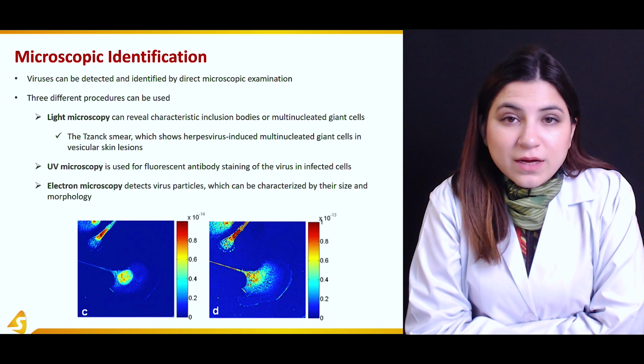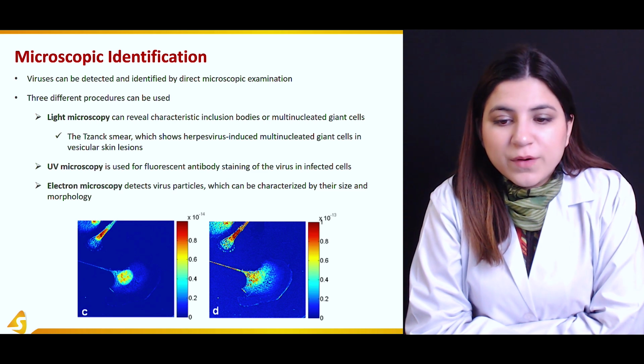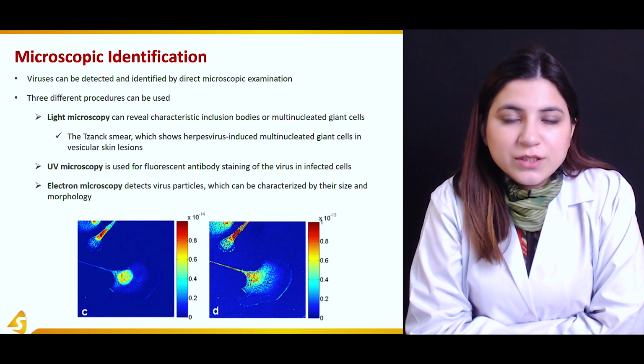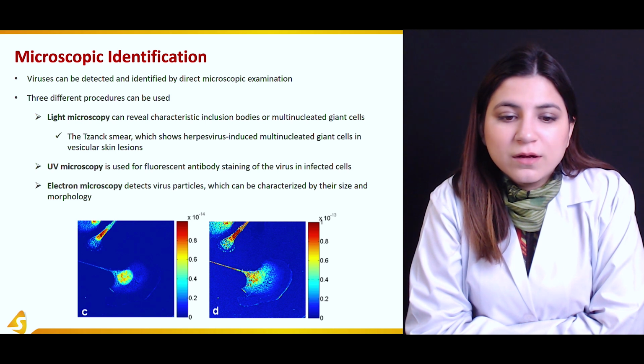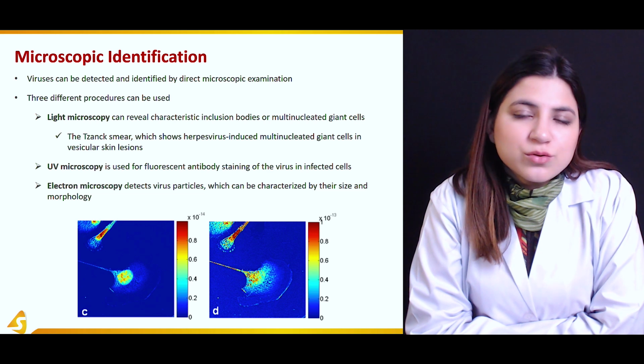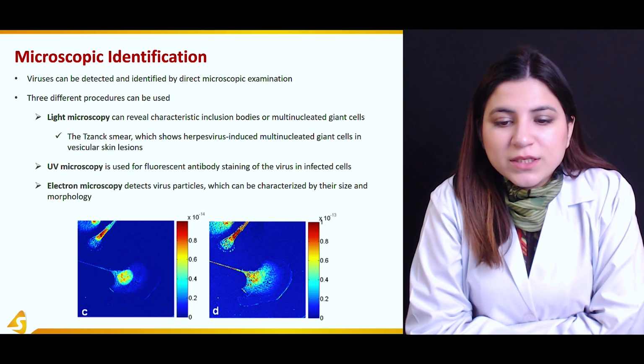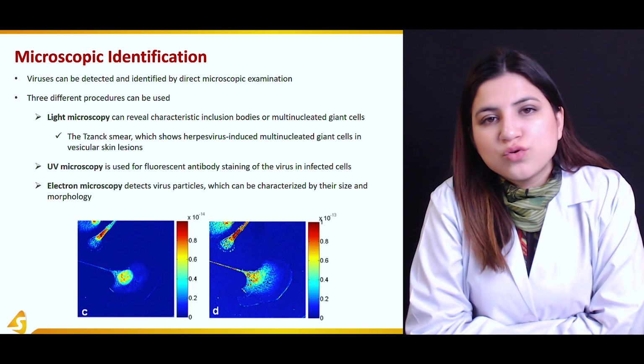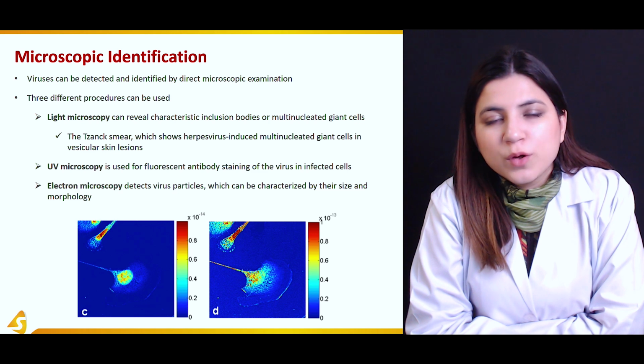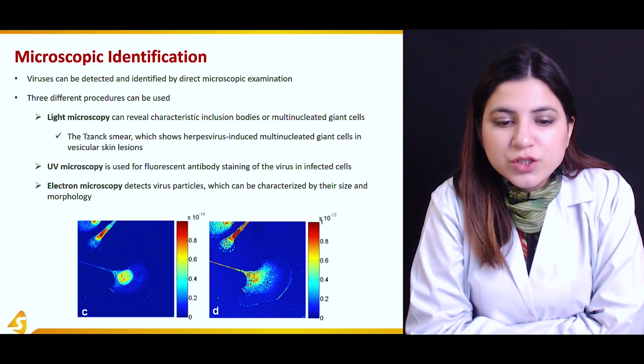Then, for example, in case of herpesvirus-induced multinucleated giant cells, there is a Tzanck smear, and this smear basically shows the presence of herpes virus in vesicular skin lesions, because again, herpes virus is known to cause or induce giant cell formation.